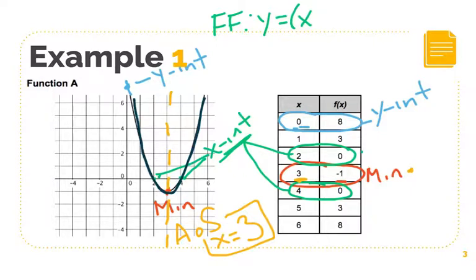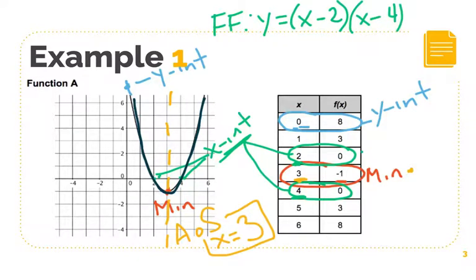So here I've got a positive 2 for one of my x-intercepts. I'm actually going to put x minus 2. And now the other one is a positive 4. My x value here is a positive 4. I'm going to put in x minus 4.